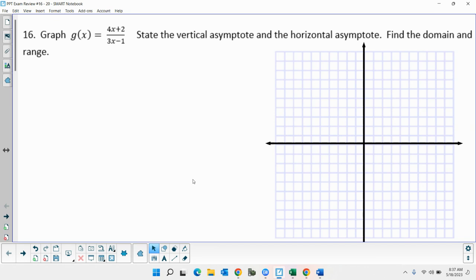Okay, so to graph it, when you put it in your calculator, it's like it's not working. You know what's wrong? I know what's wrong.